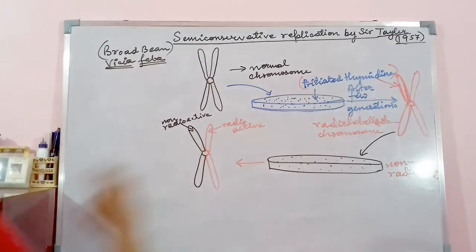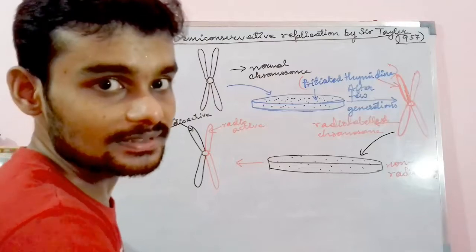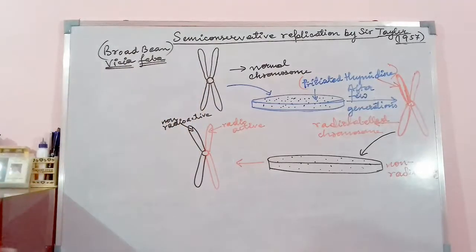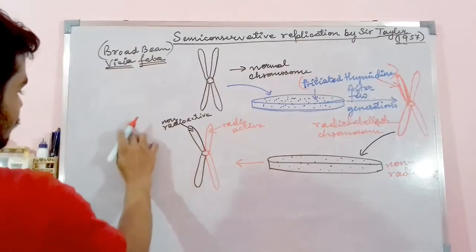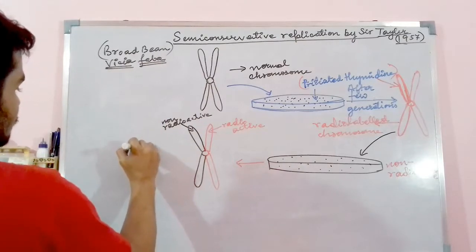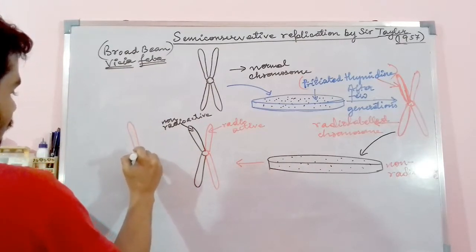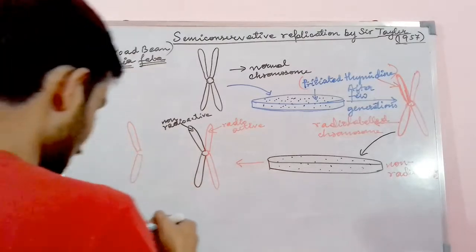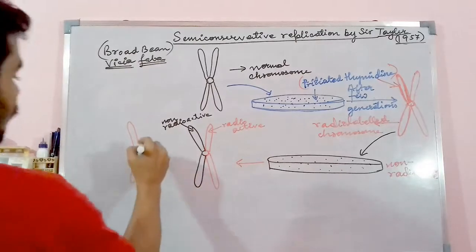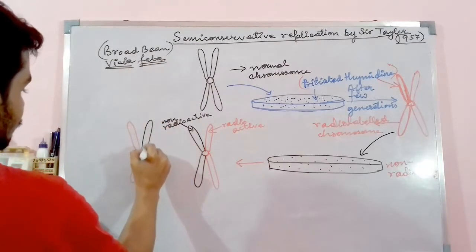Okay, and the chromosome multiplied into two chromosomes, right? So again, another similar chromosome was formed, which had a radioactive section along with a non-radioactive section.